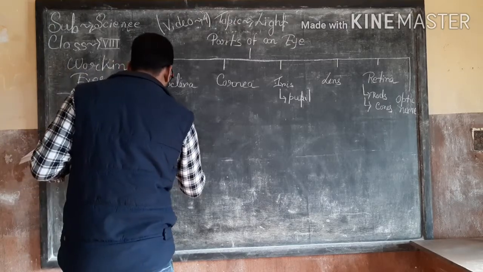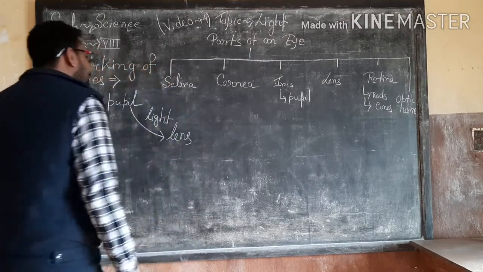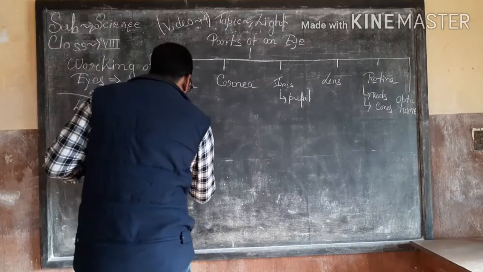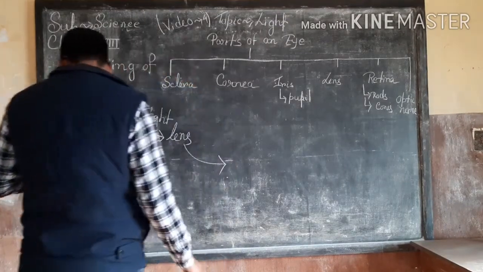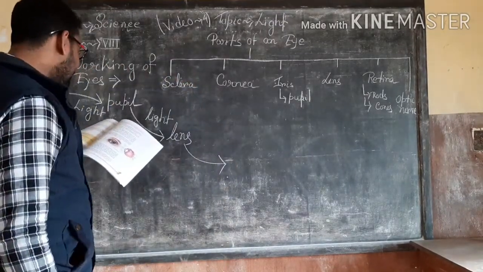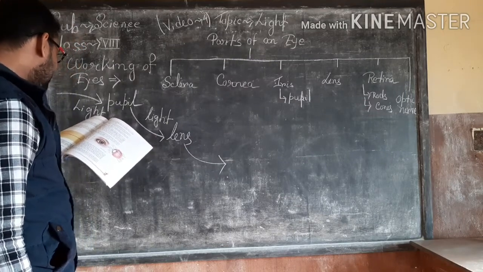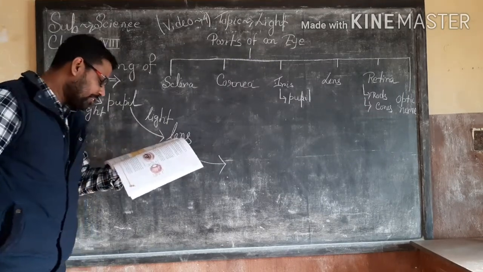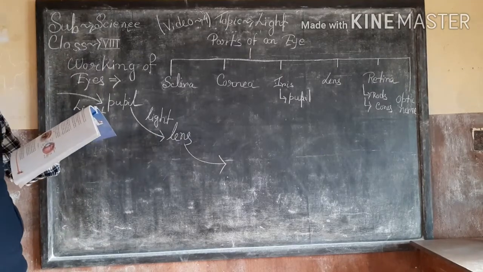From this, the light goes to the lens, and the lens focuses the light rays coming from the object and forms an inverted image of the object on the retina.